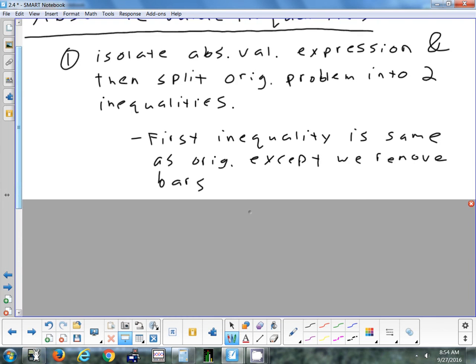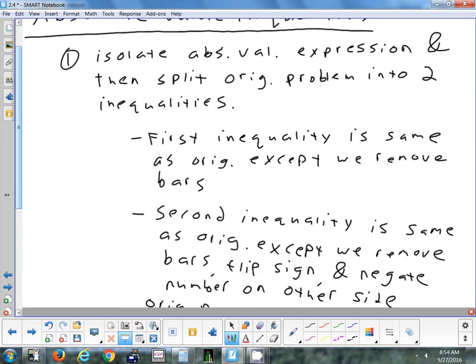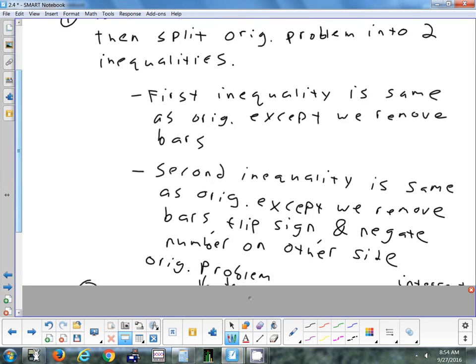But what happens when we change the sign of something with an inequality, like with division or multiplication? Yeah, it also has to flip. So that's the one extra thing. So the second inequality, take the original, get rid of the bars, negate the number on the other side, and you have to flip the sign. Okay, so 3 things. Remove the bars, flip the sign, change the number.